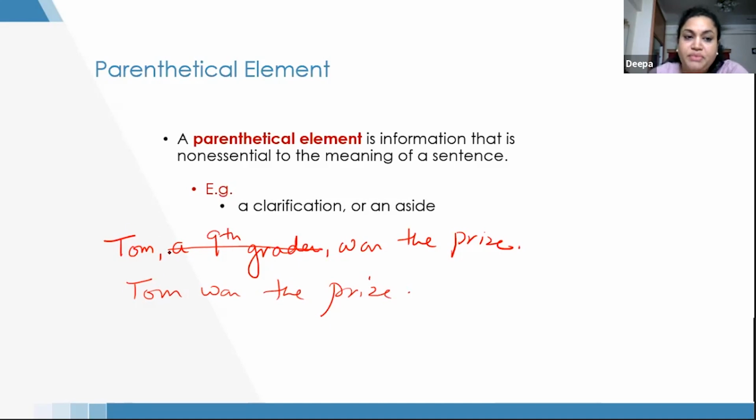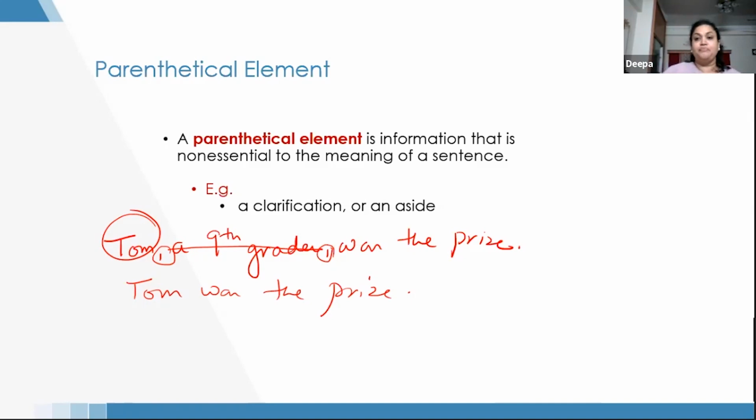Anything you remove between these two commas, even if you remove it, it will still make sense, provided that the commas are basically describing the subject. We cannot remove vital information because it is placed between commas.